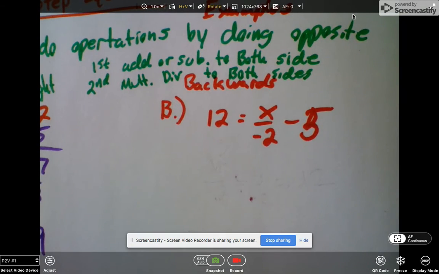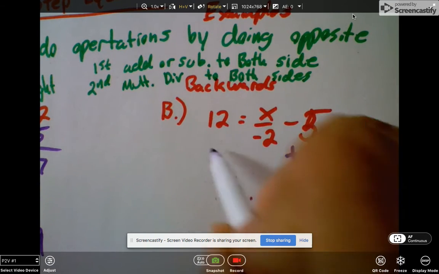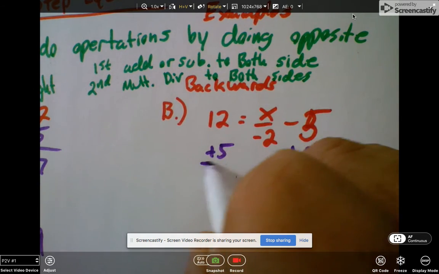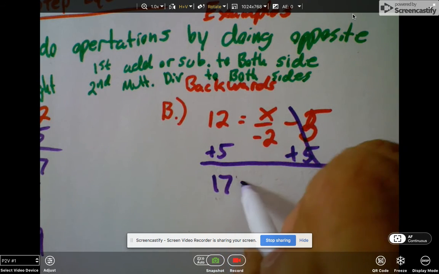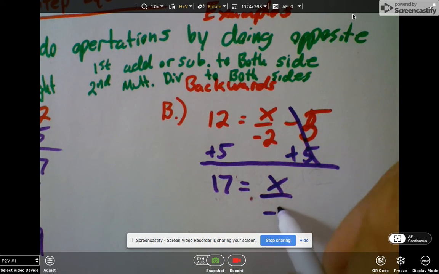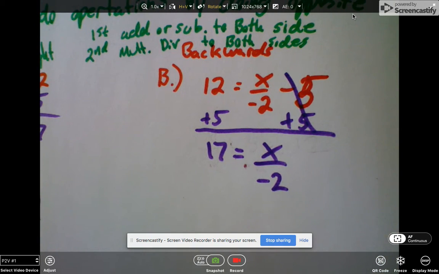The first step again, instead of minusing 5 to both sides, what am I going to do now? I'm going to add 5 here, get rid of that minus 5, add 5 here. And this cancels. I'm left with 17 equals x divided by negative 2. That fraction line means division. So can someone tell me the next step in the two-stepper?